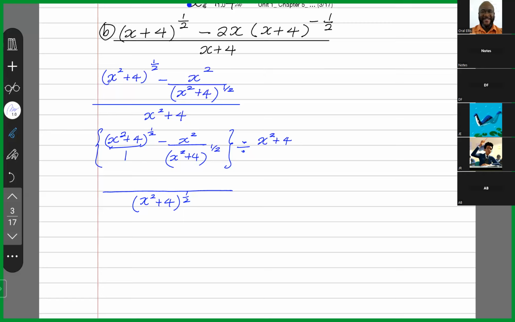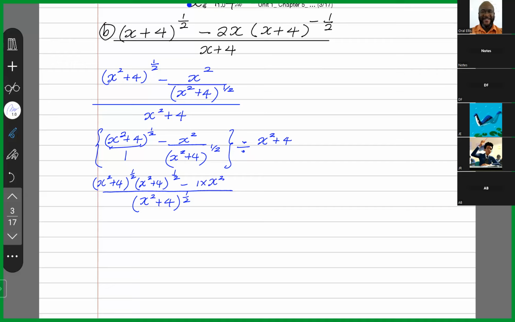So you're going to use that now and multiply by the numerator. So you have (x squared plus 4) to the half power times (x squared plus 4) to the half power minus (x squared plus 4) to the half power into (x squared plus 4) to the half power is 1. Then you're going to multiply that 1 by the numerator. So it's 1 times the numerator, which is x squared.